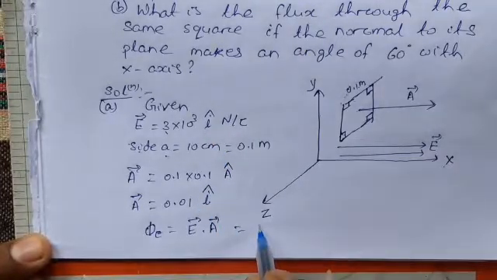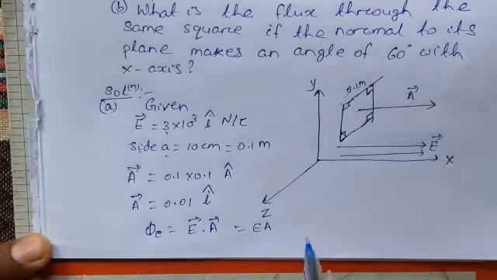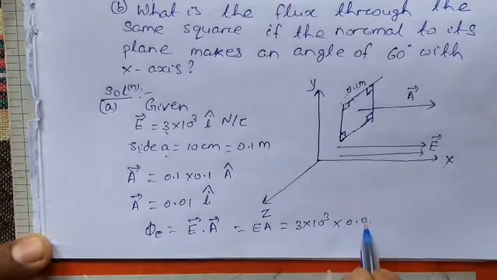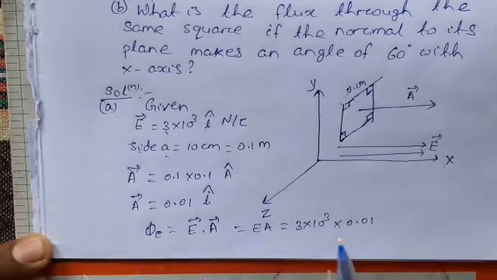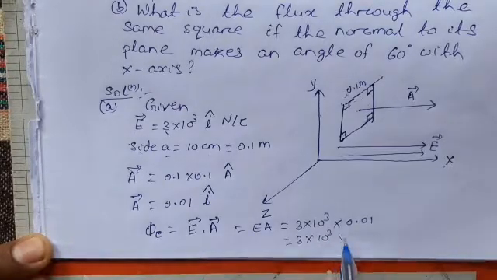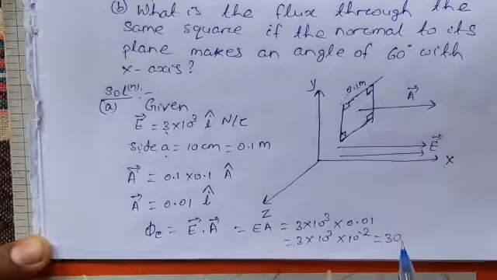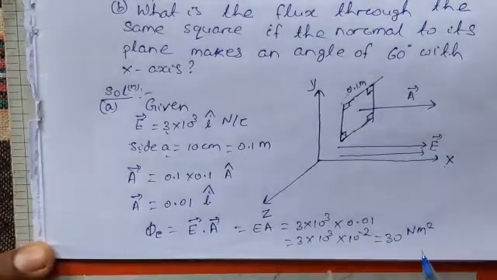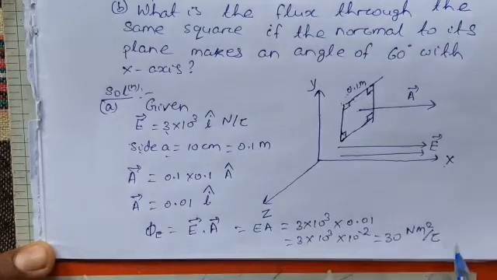So here we will multiply only E into A, that equals 3 into 10 to the power 3 into 0.01, which means 10 to the power minus 2. That's equal to 30 Newton meter square per coulomb. This is the answer of section A.